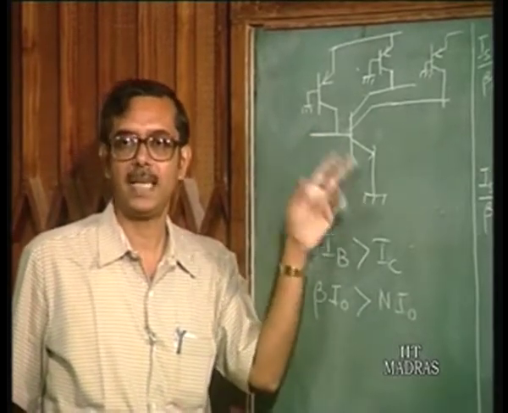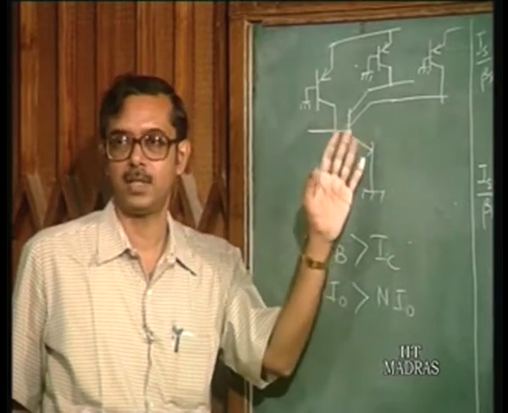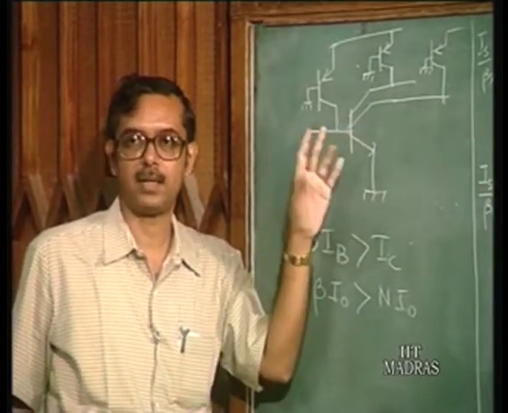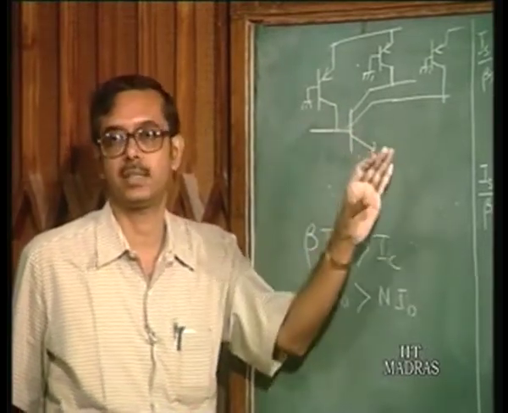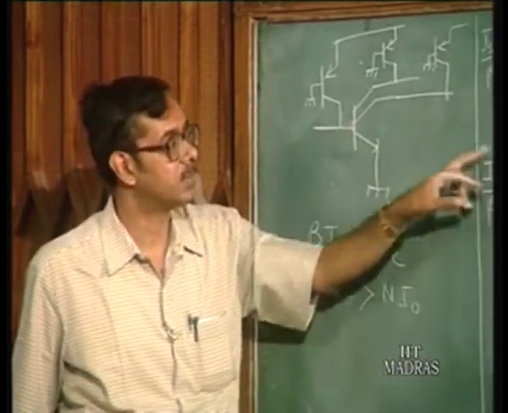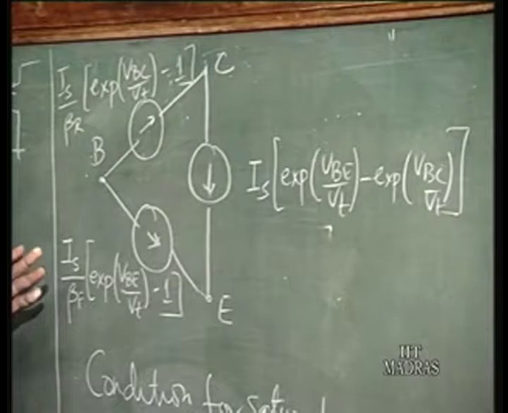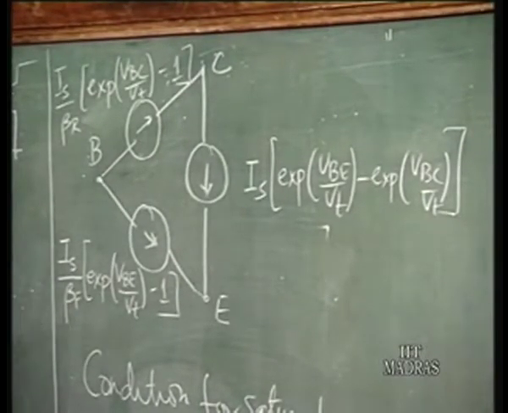That is, the base-emitters are in parallel, and you have separate collectors. So there are n individual transistors, and each transistor has an Is, that is saturation current, a beta, etc.